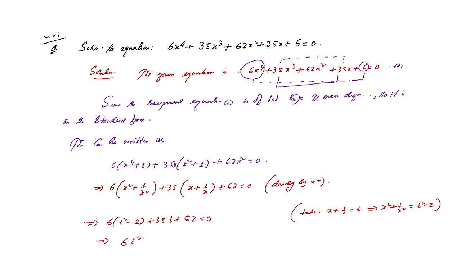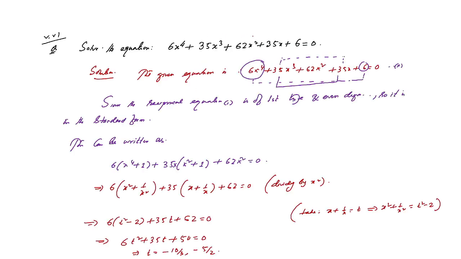From that you will write 6t square plus 35t plus 50 equals to 0. Just do the factorization or middle term break. And from this you can write easily t equals to minus 10 by 3, or you can apply Sridhar formula, no problem, minus 5 by 2.